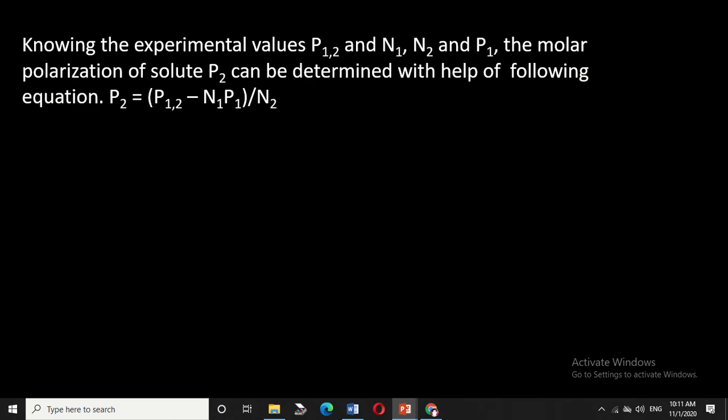Now, knowing the experimental value P12 and N1, N2 and P1, the molar polarization of the solute P2 can be determined with the help of the following equation. Therefore, P2 equal to P12 minus N1 P1 upon N2.